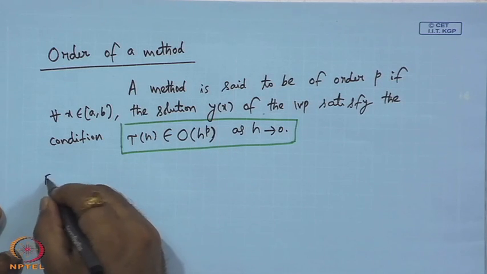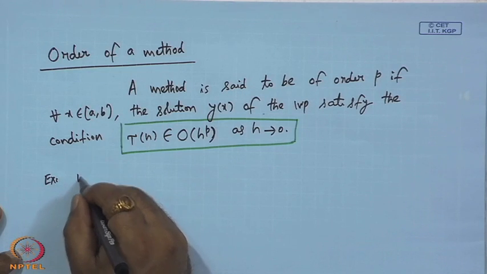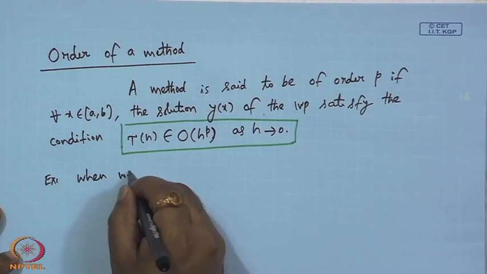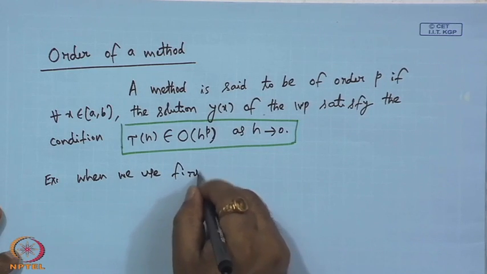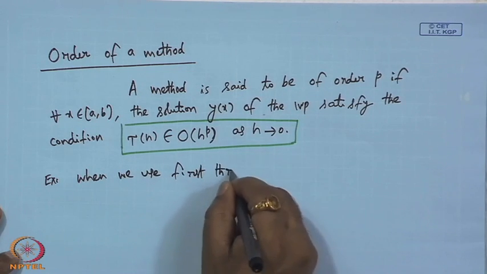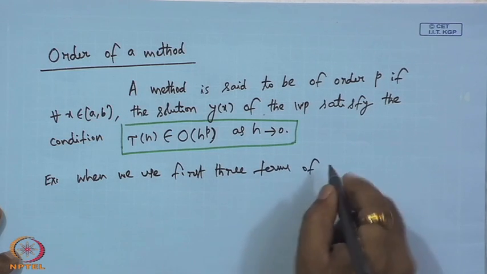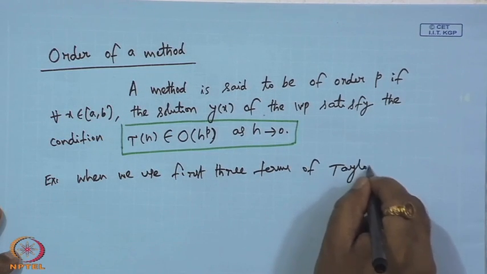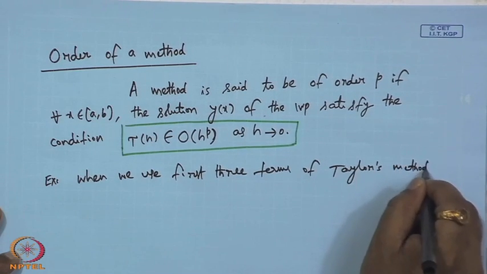So, let us say for example, when we use the first 3 terms of Taylor's method.